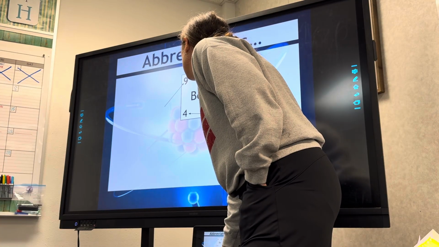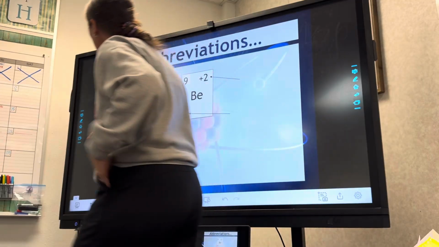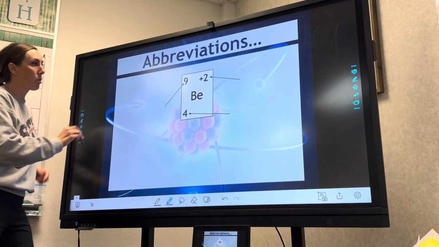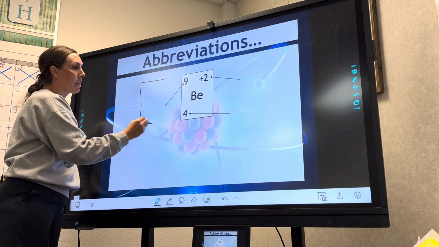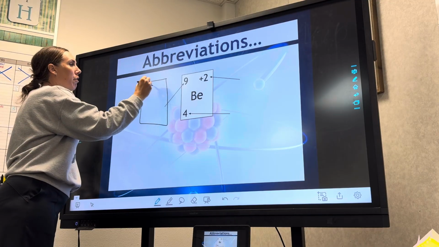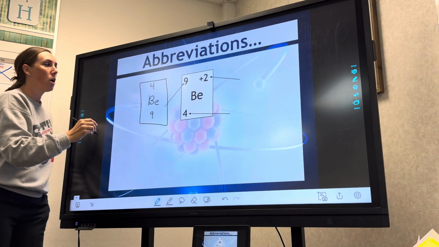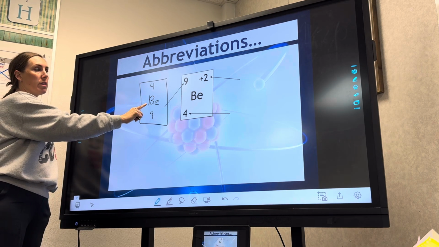Okay, so this is a little bit different. So let's do beryllium here. On the periodic table, it normally goes 4, beryllium, 9. Okay, also I want to point out this first letter in a symbol is capital.